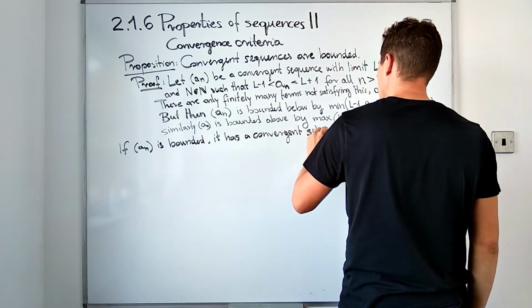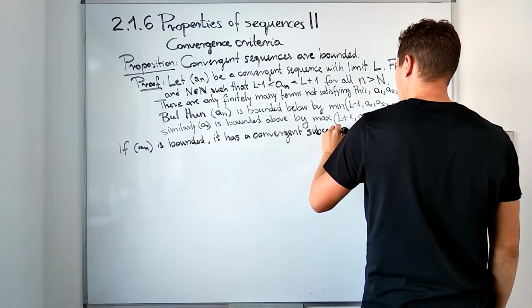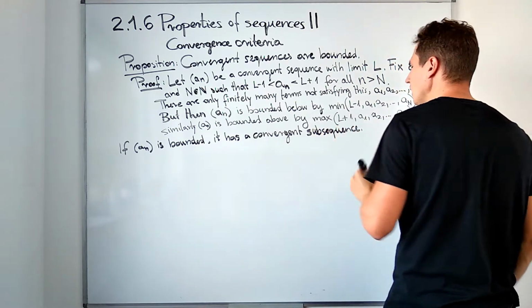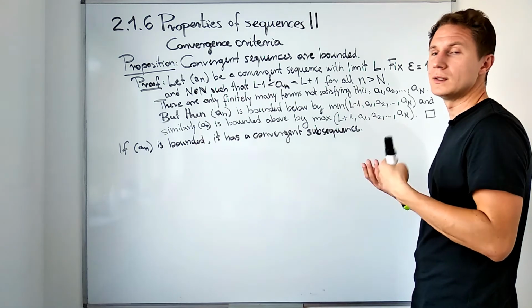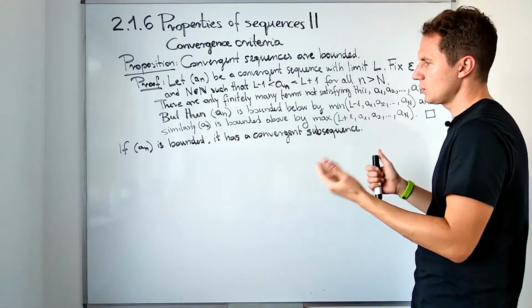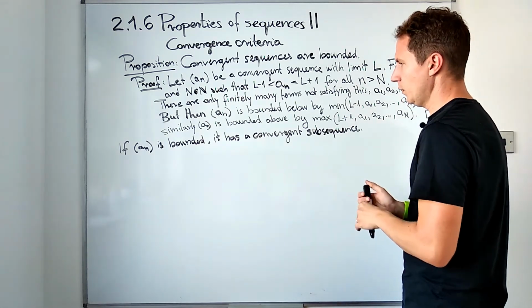This is a notion that we haven't seen before. It just means that we delete terms from the sequence, and this way we get a new sequence, which is just a subsequence of the previous one.